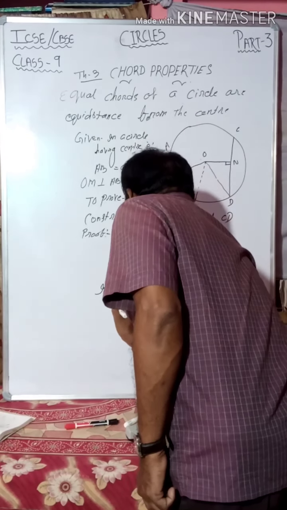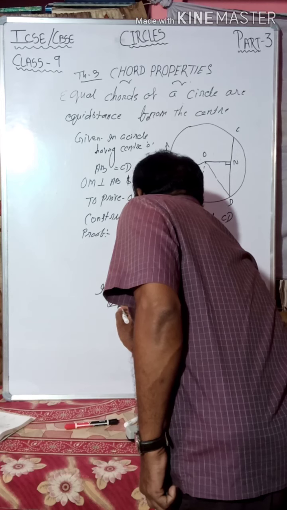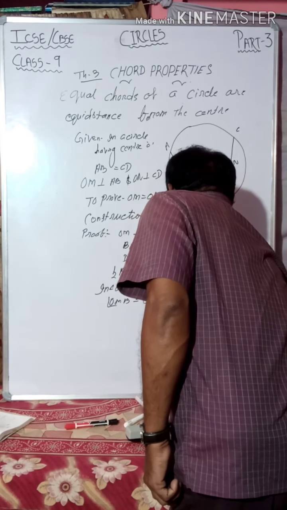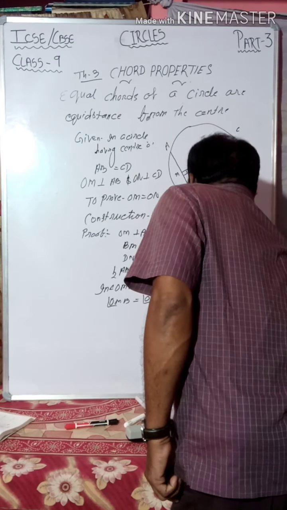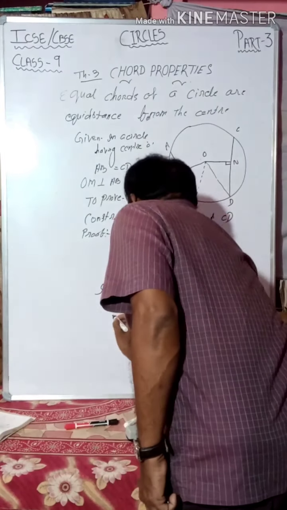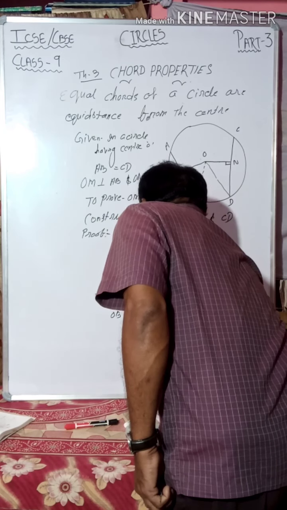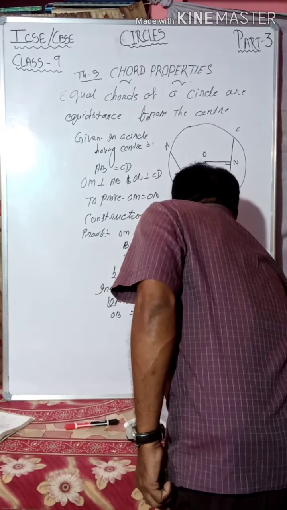So angle OMB is equal to angle OND, that is equal to 90 degrees, given. Second, OB is equal to OD, that is because they are radii of the circle.